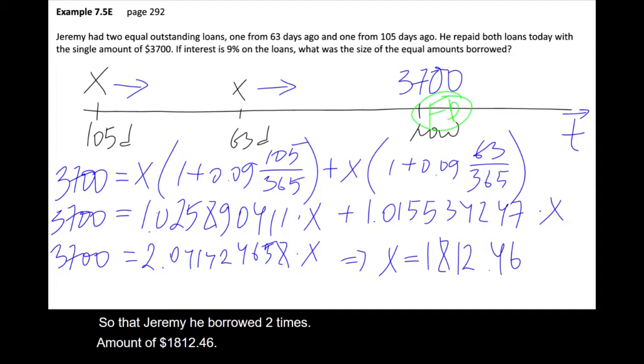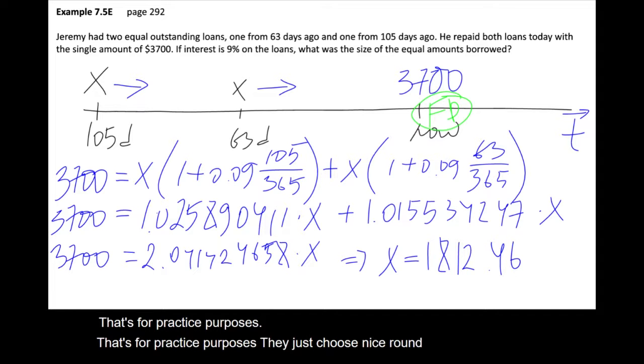That's a very specific number to borrow. Yeah, I know. Well, it's just a fairy tale story, that's for practice purposes. They just chose a nice round number, 3,700. That's why.